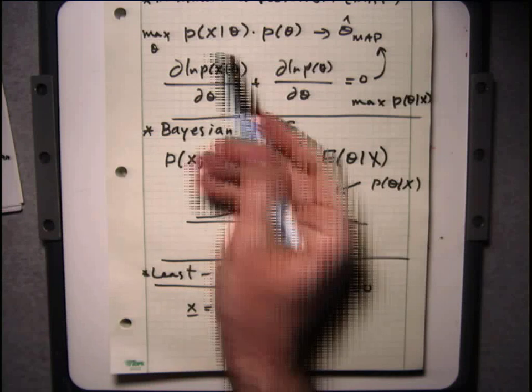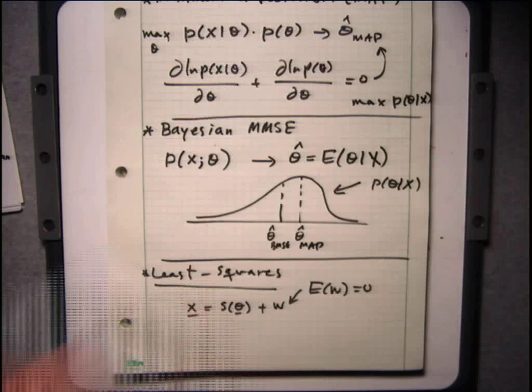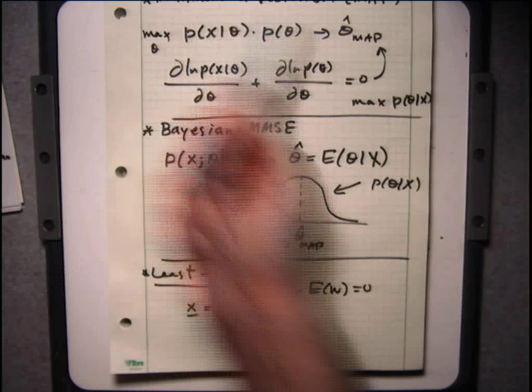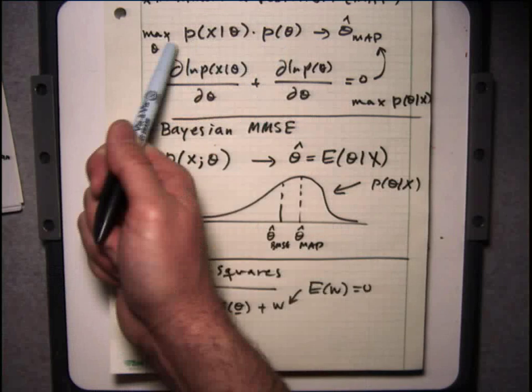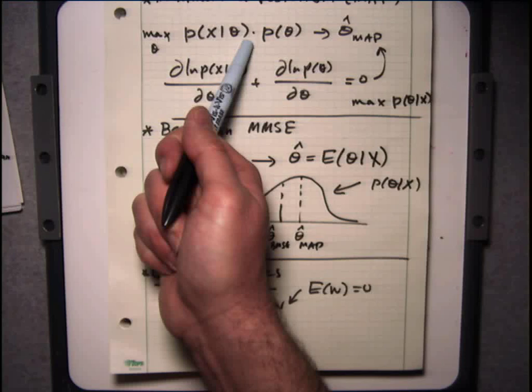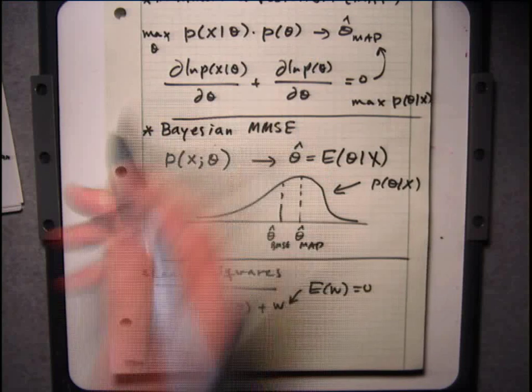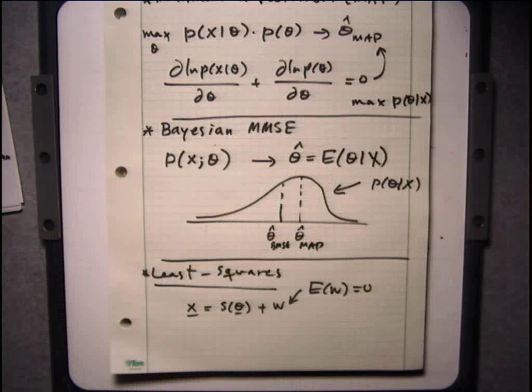Also, the maximum a posteriori has other interpretations. If you take the log of this quantity, then you have the log of p of x given theta plus the log of p of theta. Now, the log of p of theta, you can think of as a penalty term. You can put whatever you want there, as long as it's positive and well-behaved.